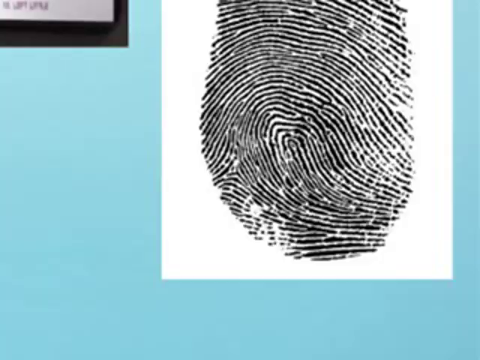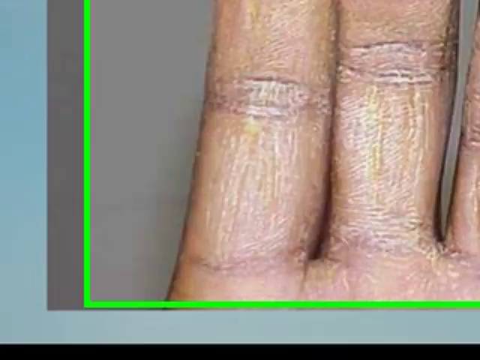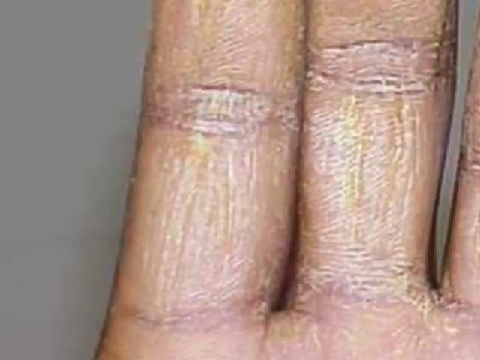The types of fingerprints found at a crime scene are as follows. Patent prints, which are prints that are easily seen, such as those left by blood, grease, dirt, or fresh paint. Plastic prints are found as impressions on wax, clay, or butter. Latent prints are invisible to the naked eye.